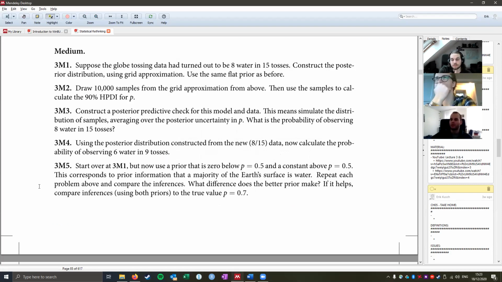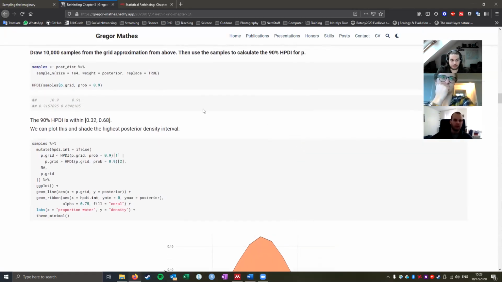So for the question M2, you shall draw 10,000 samples from the grid approximation from question 3 and 1, and then calculate the HPDI. So we can do this with sample n, or in base R with the sample function.